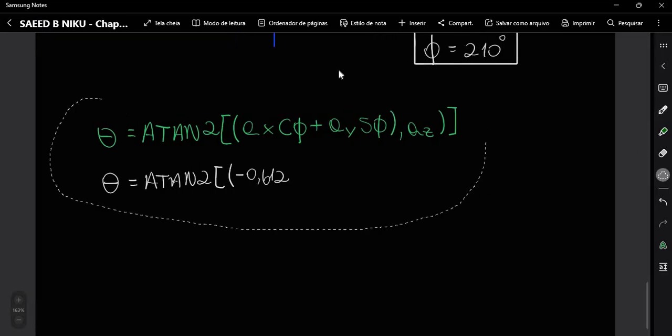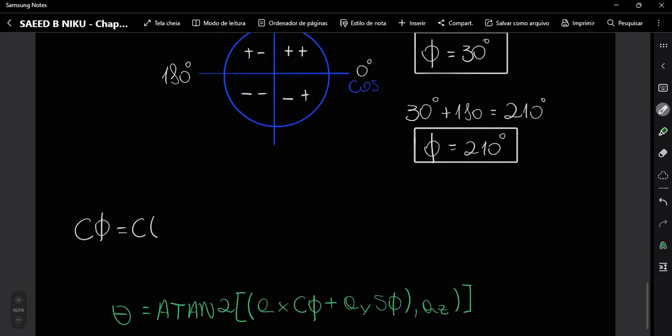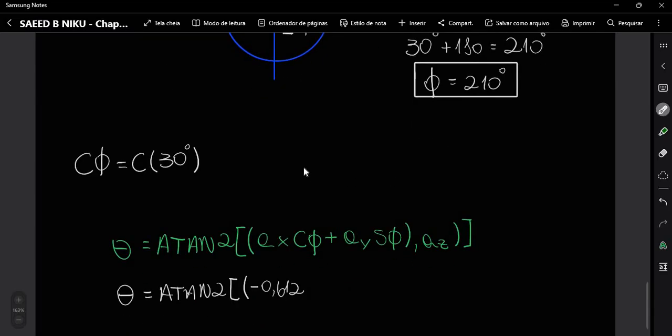So let's solve for cosine of phi. I will just do it for this solution right now.